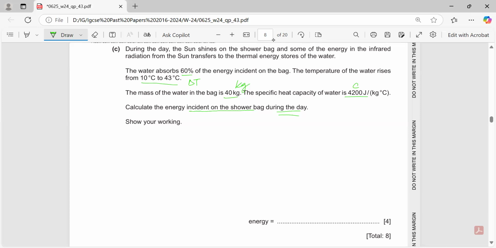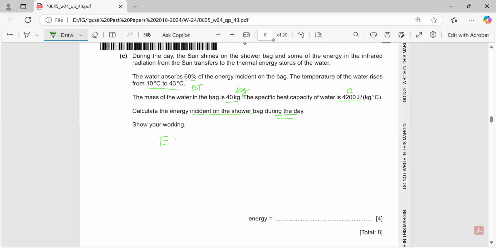So my dear friends, what to do here? First of all, we should calculate energy, and we can calculate energy by E equals mc delta theta, or delta T, mcΔT you can write.